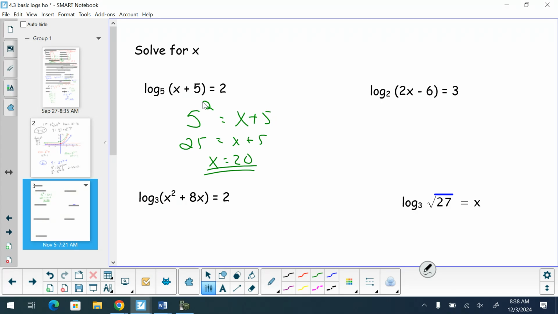Maddie, what's your base? What's your exponent? Value?